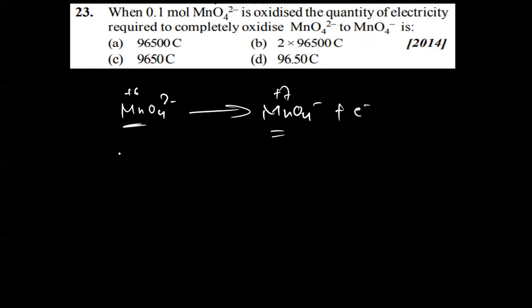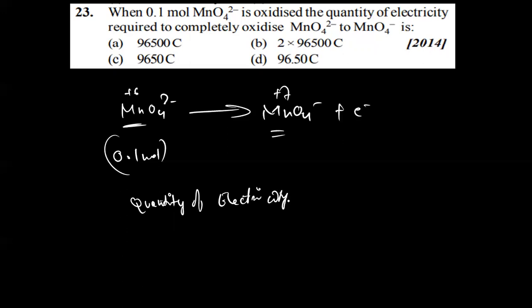Then they have given that when 0.1 mole of MnO4 2- is oxidized, the quantity of electricity required to completely oxidize. So the quantity of electricity required is equal to 0.1 Faradays.